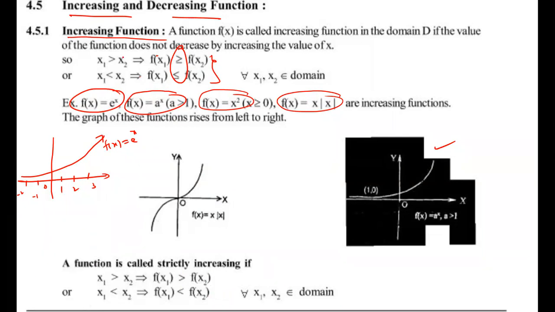So similarly, decreasing means what? I will give an example right now. All of you write down.